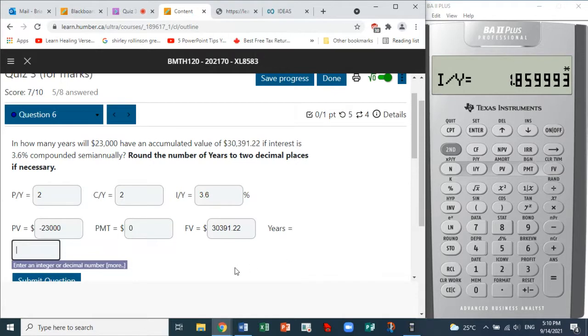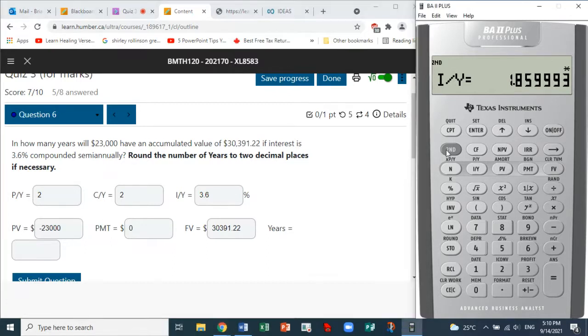Now this is what we need to do. N is the missing value that we have to get at. So we go to second I/Y. 2 is there already, but for our sake, we'll put it in and go down and put in the 2 there.